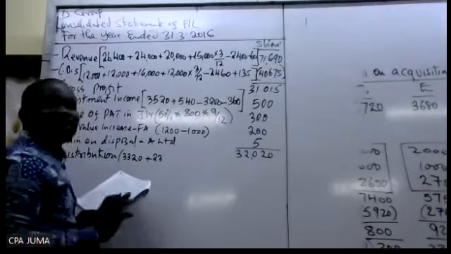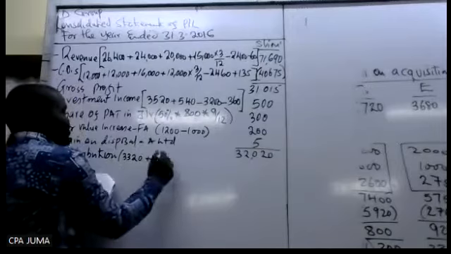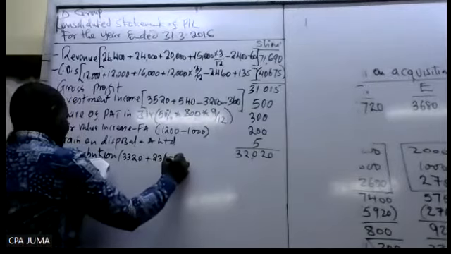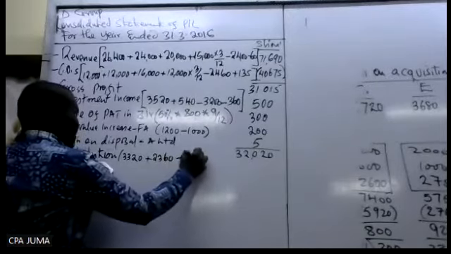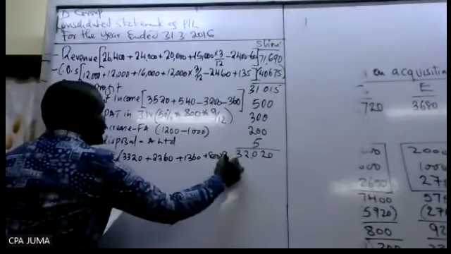Lakini kuandika kutenda 320 plus 2360 plus 1360 plus 800 3/12.